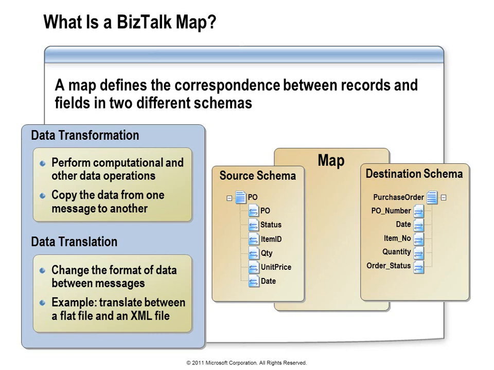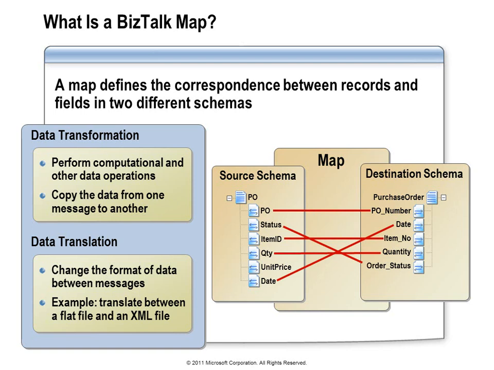Now we don't know exactly what these two purchase order schemas represent, but there are a few different possibilities. First, the schema on the left could represent a purchase order that we are accepting from a trading partner. And then the schema on the right could represent the format of our accounting system. So we could have a BizTalk map that translates from our trading partner's format to our accounting system's format.